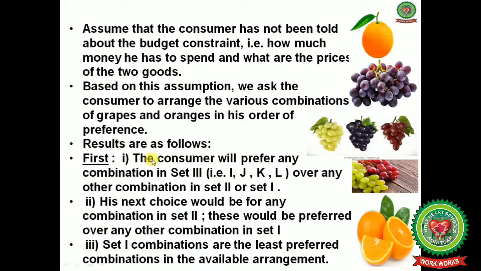First, the consumer will prefer any combination in set 3, that is I, J, K and L, over any other combination in set 2 or set 1. Second, his next choice will be for any combination in set 2. These would be preferred over any other combination in set 1. And third, the set 1 combinations are the least preferred combinations in the available arrangement.